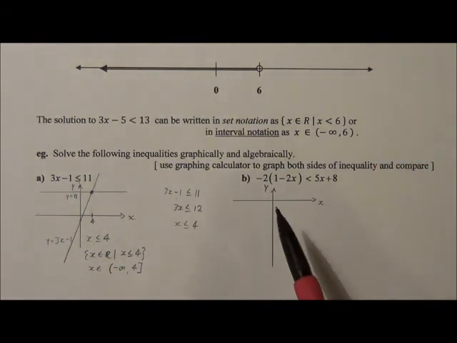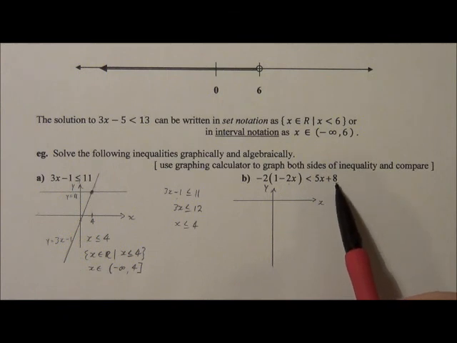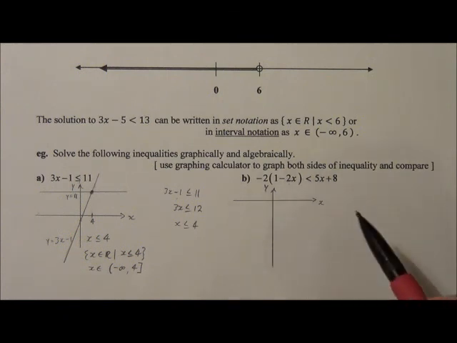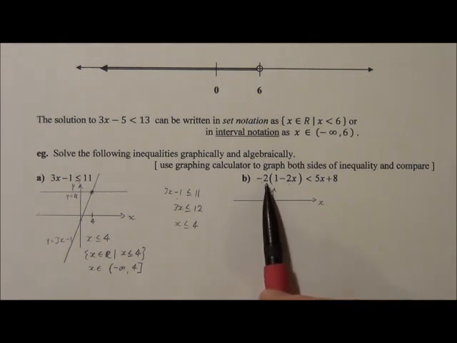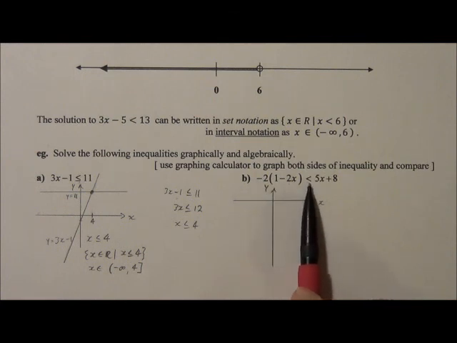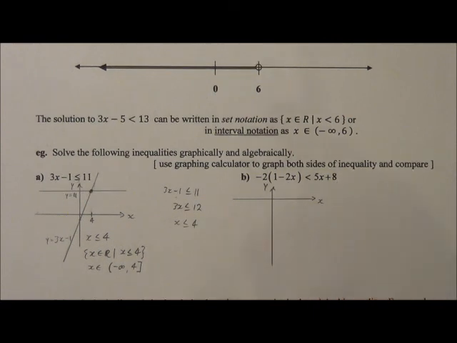And so now we're looking for negative 2 quantity 1 minus 2x less than 5x plus 8. So for which values of x would this negative 2 quantity 1 minus 2x be less than this expression 5x plus 8?